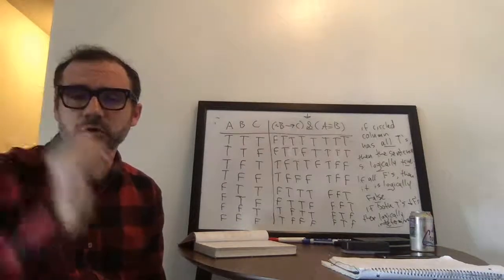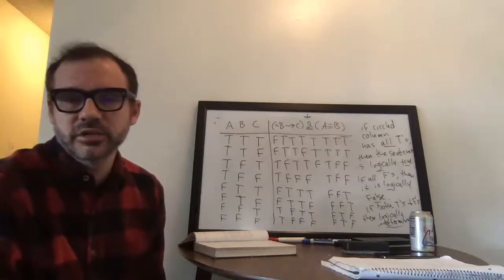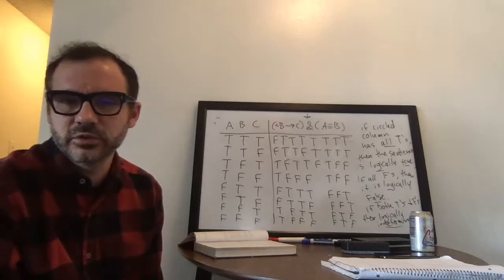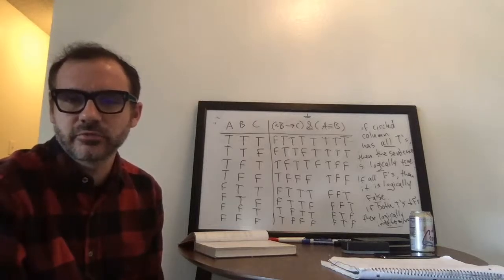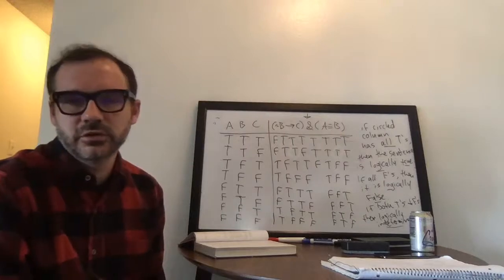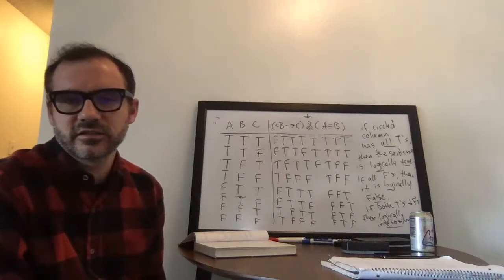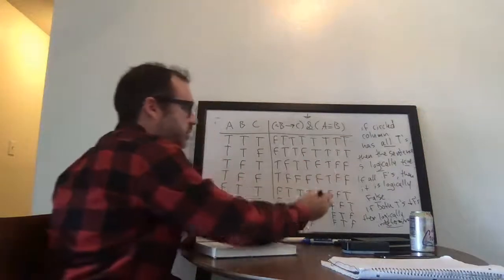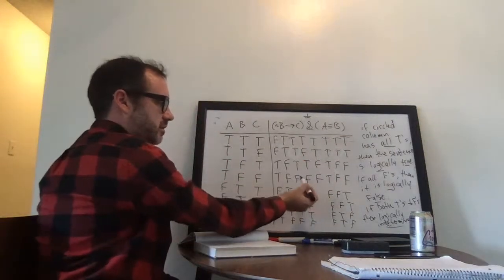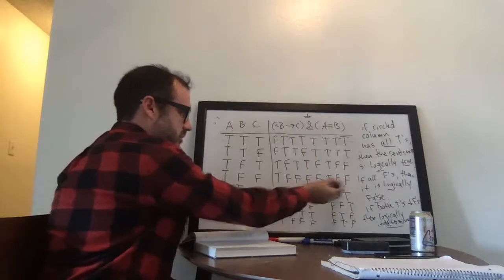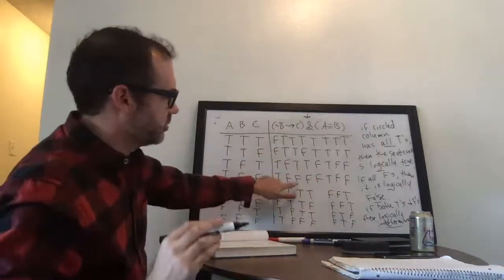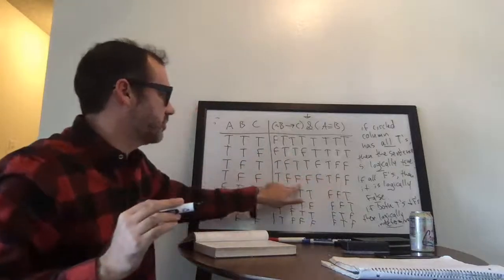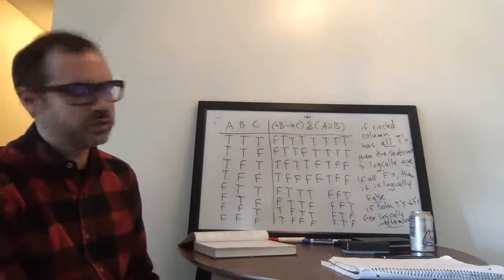The truth value in 4. Oh, no, it's okay. But anybody can please tell me, because I haven't seen anyone yet provide the information. Number 4, the truth value underneath the ampersand. It does say F, correct. What's the reason this is F? Because we don't have two things on the left and right that are both true. In fact, they're both false. False, false. So that's a false conjunction.